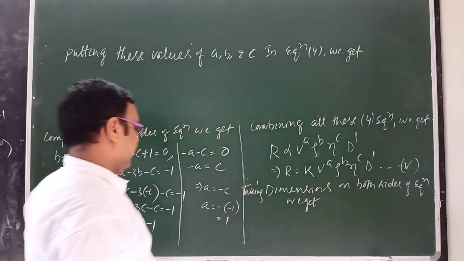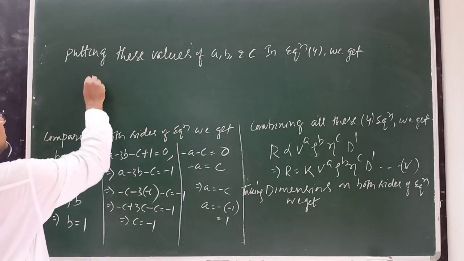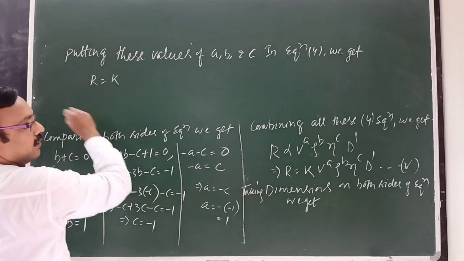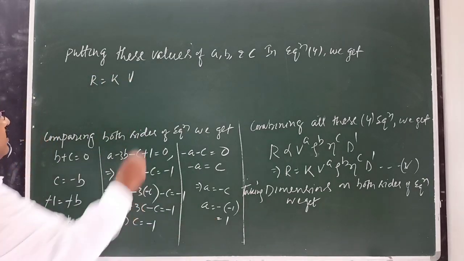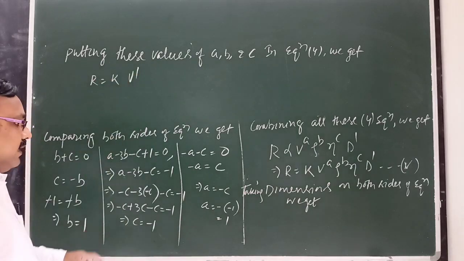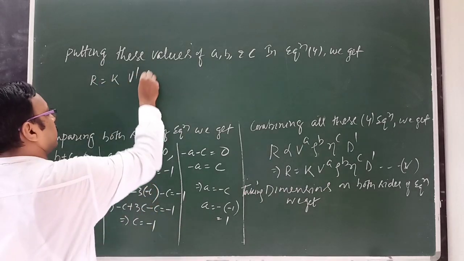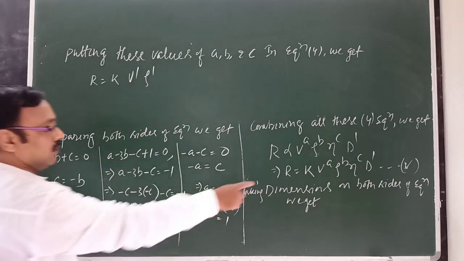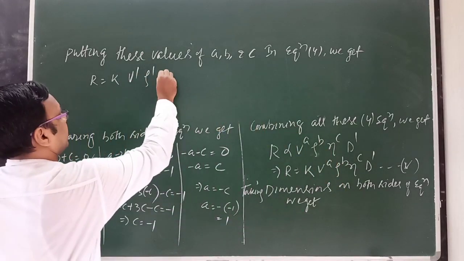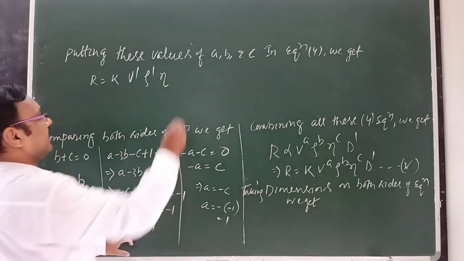You see, in equation 4 it is how much? R is equals to K V to power A. V to power A means A we have got it to be 1, V to power 1. Then it is given rho to power B. Rho to power B means it is given 1. And finally it is known eta to the power C. Eta to the power C means it is minus 1.